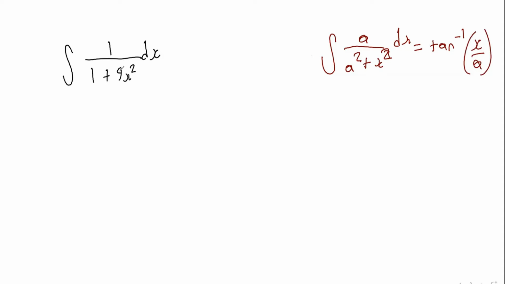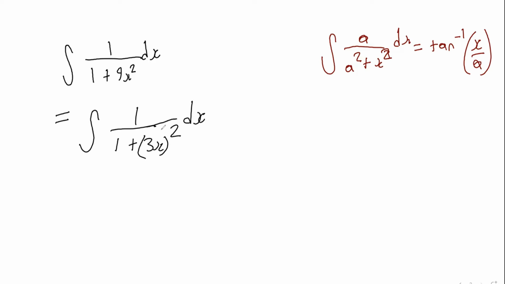Now, however, this right here is 9x squared. So look how we're going to rewrite this. We're going to rewrite this as the integral of 1 over 1 plus 3x all squared dx. So now what we need is that this is our x squared.